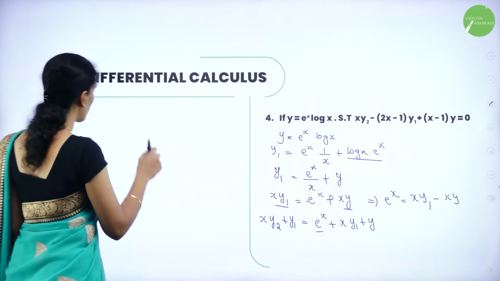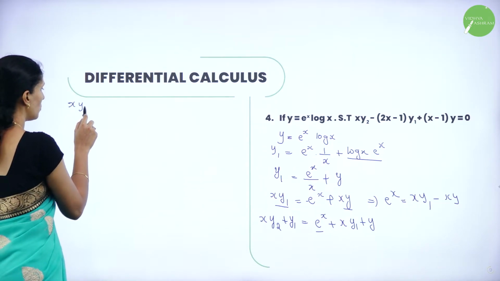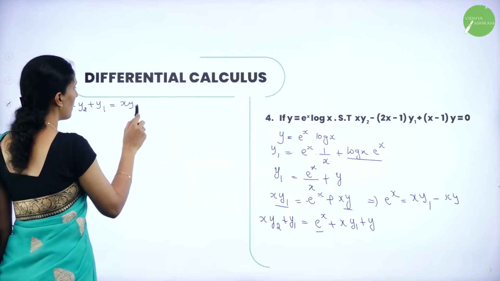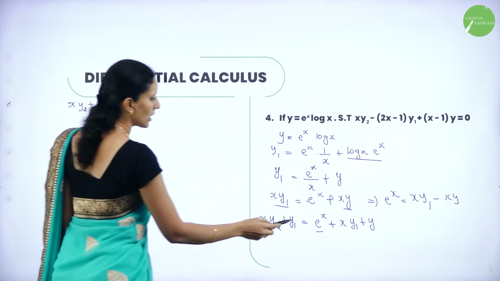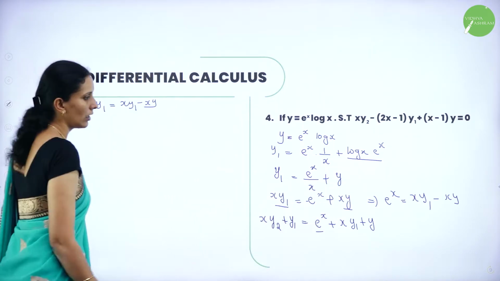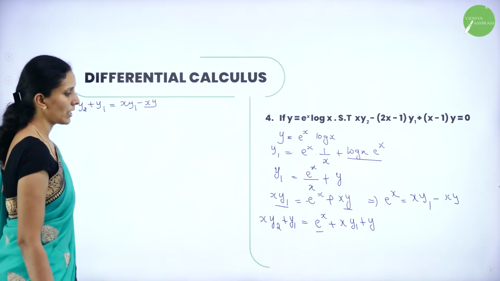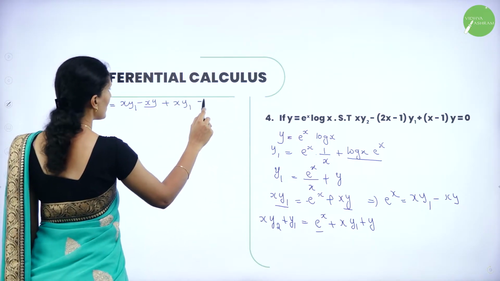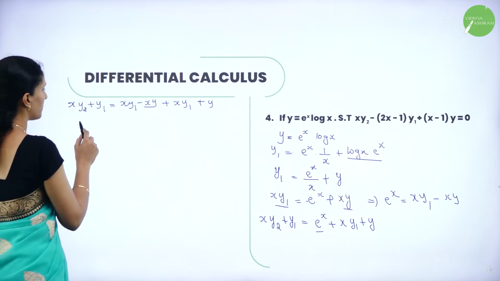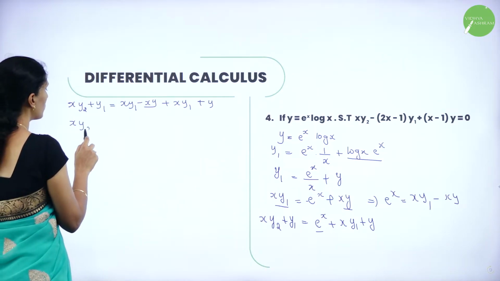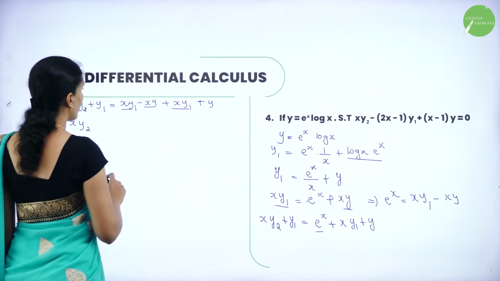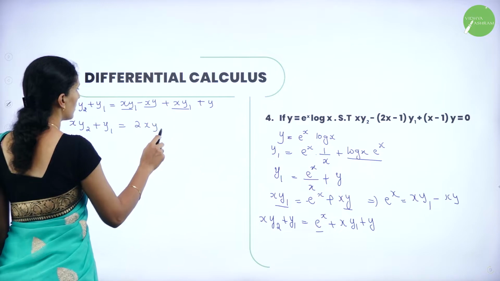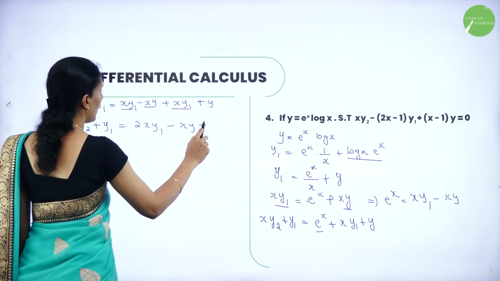So for the e power x value, I'll write xy2 plus y1 is equal to xy1 minus xy plus xy1 plus y. Now, we have xy2, xy1 becomes 2xy1 here and minus xy plus y.